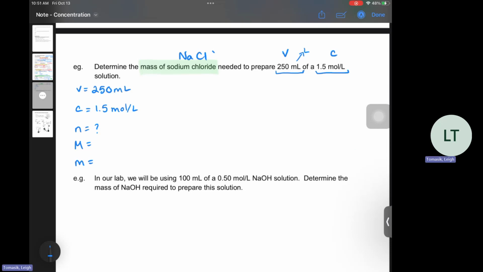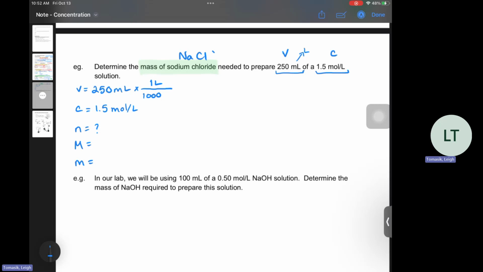Okay, let's do our conversions. The volume is in the wrong unit. We need to convert it to liters. Milli, remember, means 1,000 times smaller.